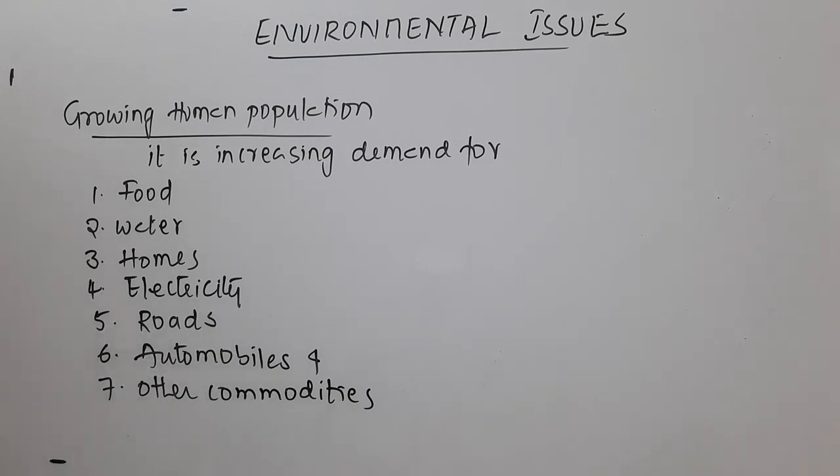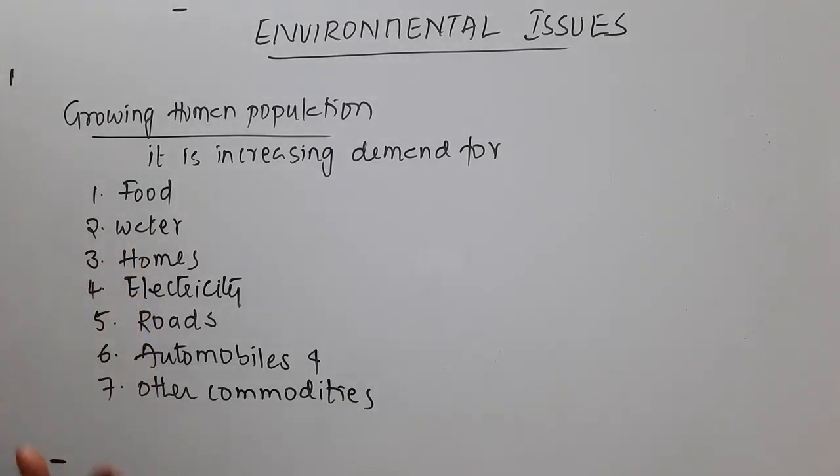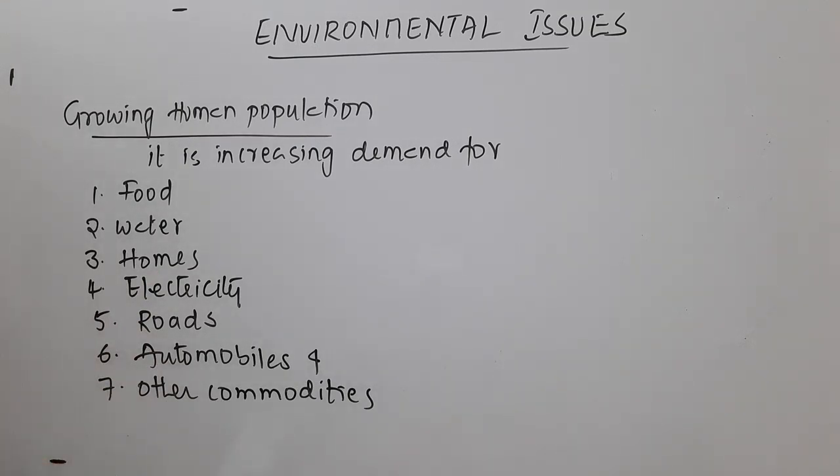Right. Now, we have already seen in the chapter strategies for enhancement in food production how we have increased the food production for this growing population. The growing population is also draining the freshwater resources day by day. It resulted in decreasing the availability of fresh water in rivers, wells, lakes, ponds, and so on. Everyone started to construct a home of their own, and started to use agricultural lands.